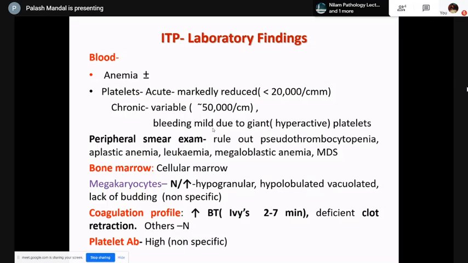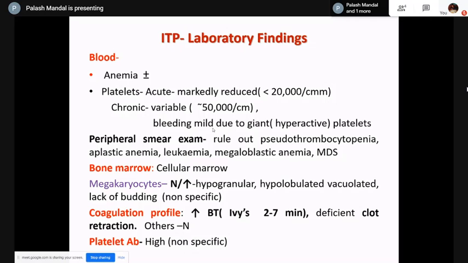So that is immune destruction. We are dealing with ITP, immunologically mediated thrombocytopenia. Here the platelets are reduced, but the megakaryocytes, their mothers, are normal or even increased, because they have to produce more platelets as the platelets are gradually being destroyed.